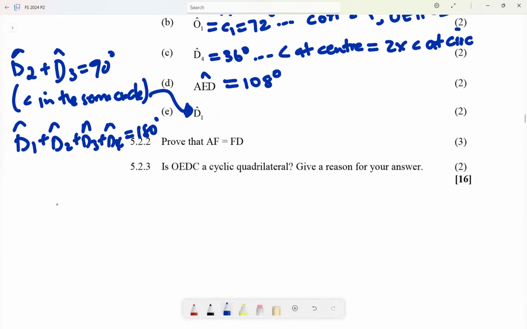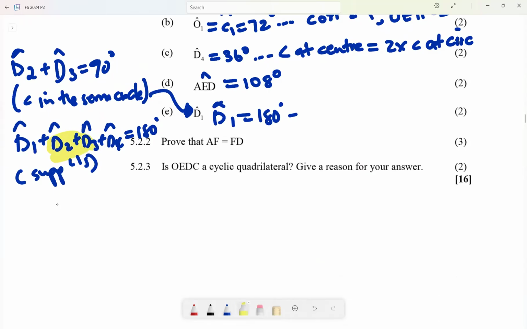Maybe if there is an easier way, you can use it. And now this is the one I see. I'm looking for D1. What's the reason here? Supplementary angles, or angles in a straight line. Then what is D1? D1 is equal to 180 minus all these three angles. Can you see that? So it's going to be 180 minus, this one is 90.